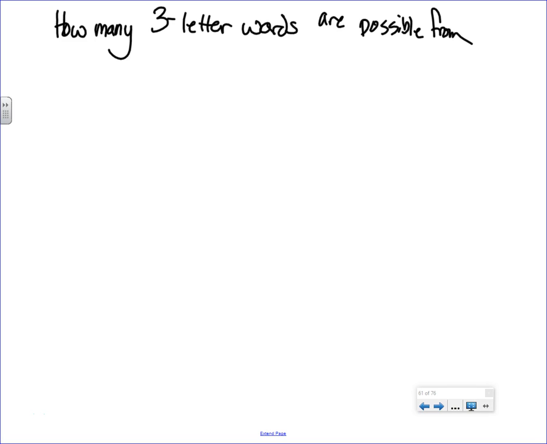I don't even know where you're going with that one. That one's in homework. Anything else? Race car? Yeah, that works. 0 has no repeats. Ready, set, go. How many 3-letter words are possible?